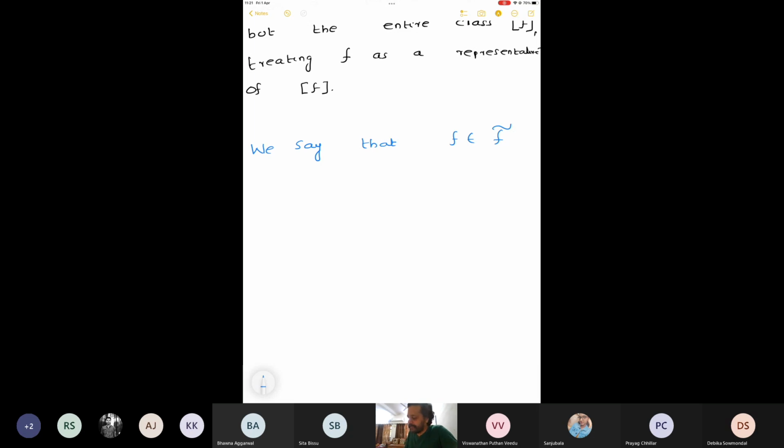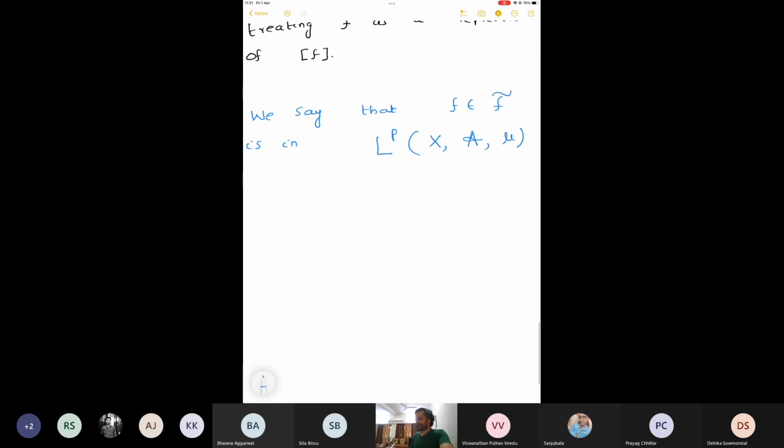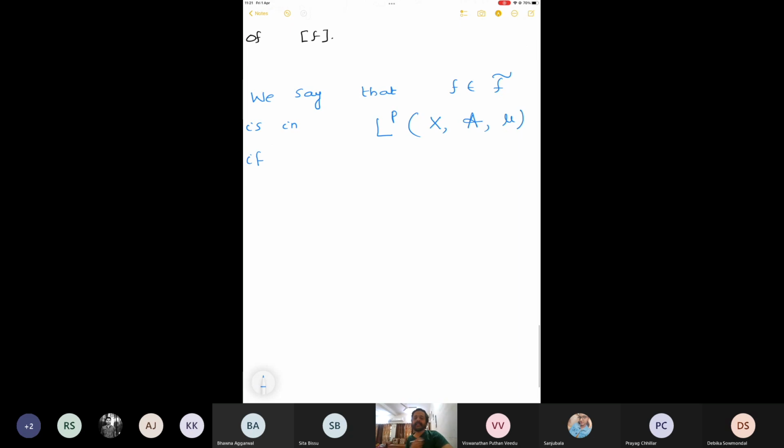We say that f is in the new set, the notation is L^p(X, A, mu), if the integral over X of mod f power p d mu is finite. In other words, the pth power of mod f is Lebesgue integrable. I consider all such functions, and that set is L^p(X, A, mu).